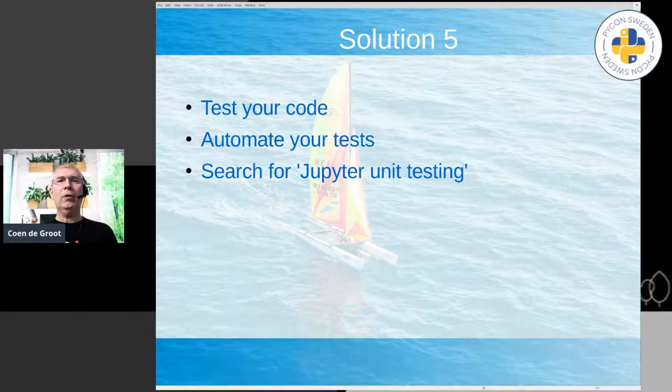So you write your test either as part of or separate from your notebook, if you use notebooks, or if you use a script, you can keep it separate again, and you can write a bunch of tests that will run through your data analysis code and check that everything is still the same.